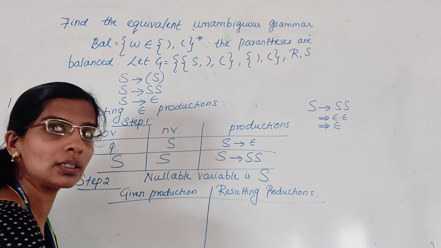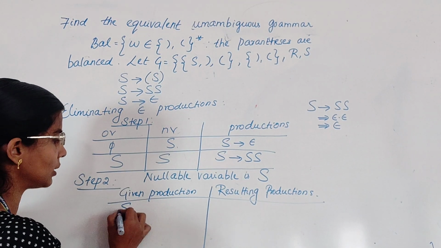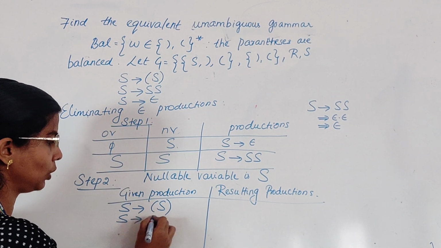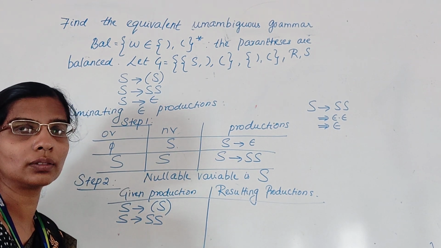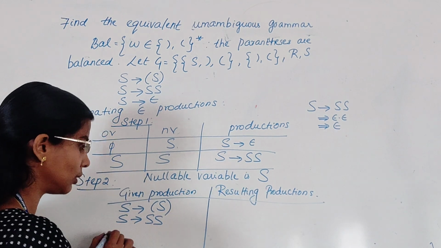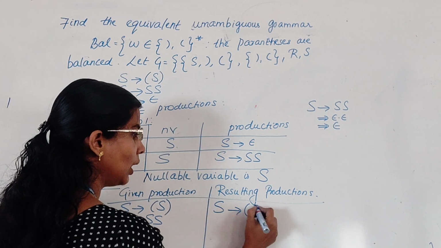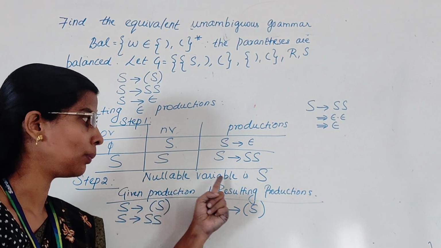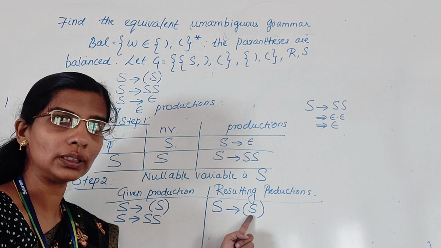In given productions, write all the productions given in the question: S tends to open and close bracket, S tends to SS, and the third production is S tends to epsilon. No need to include it in the resulting productions because we are eliminating the epsilon production. In step 1, I got the nullable variable is S, so you have to substitute null for this S.